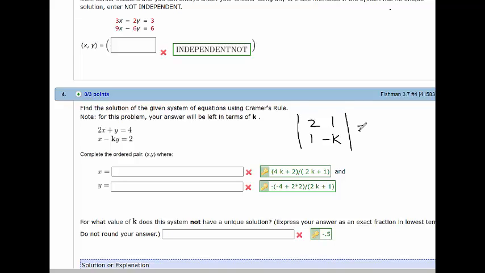This determinant needs to be 0. So after that, what do we do? 2 times negative k is negative 2k, minus 1 equals 0. So negative 2k is 1 and k is negative half. So we are done. When k is negative half, the system will not have a unique solution, right?